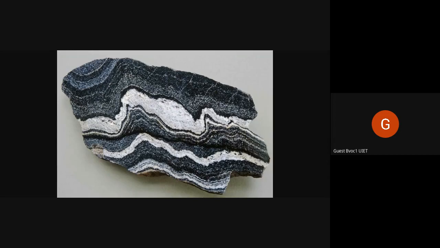The properties are that it splits into thin slabs. See, these are the layers that are formed during the transformation, or the metamorphosis, of this rock. And because it is formed in layers, it can easily be split into thin slabs, and it is easy to work with.